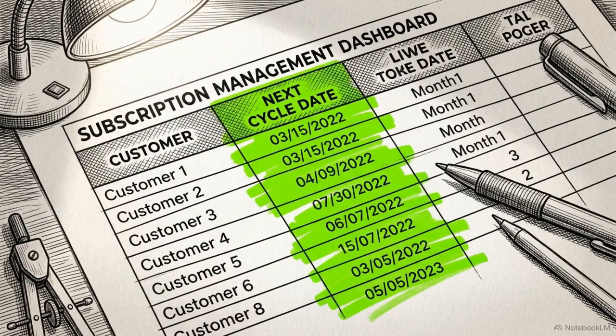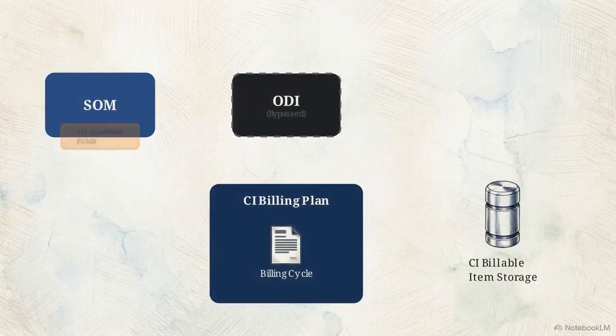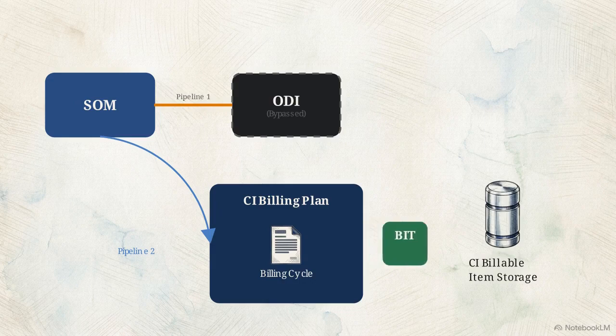The second pipeline processes simple recurring fees configured without complex consumption logic. These fees originate from a different SD condition type, such as PSMB. Instead of triggering ODI direct generation, SOM passes this recurring condition payload directly to the CI billing plan. The CI billing plan looks at the contract account's established billing cycle to periodically generate billable items.